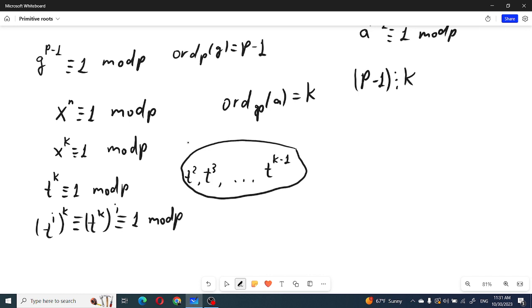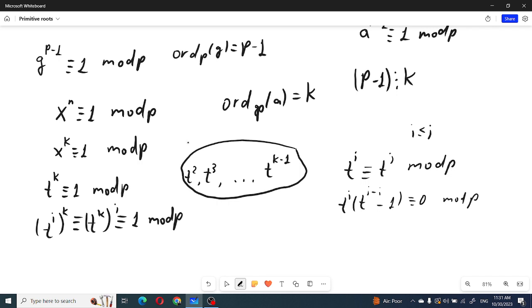And now look at why all of them will have different remainders mod p. If t^i equals t^j mod p, this means that, without loss of generality, let's assume that i is less than or equal to j, and t^i times (t^(j-i) minus 1) equals 0 mod p.